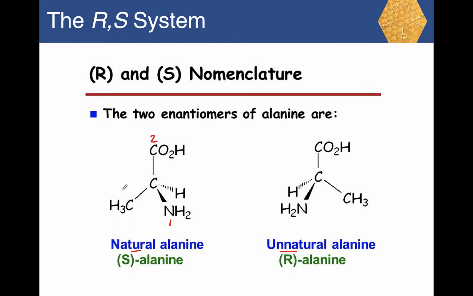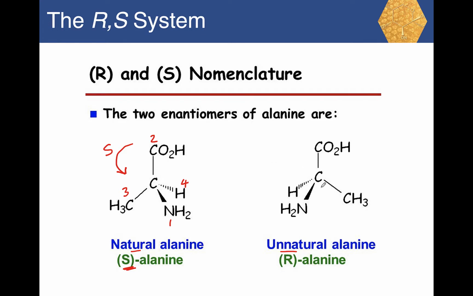We know this is going to be 3 because this is a carbon, atomic number 6. And we know this is going to be 4 because it's hydrogen, the lowest atomic number of 1. So then we go 1, 2, and 3. So you can see this is counterclockwise, going against the direction of the minute hand on a clock. So therefore this is the S direction. So therefore this is S-alanine.